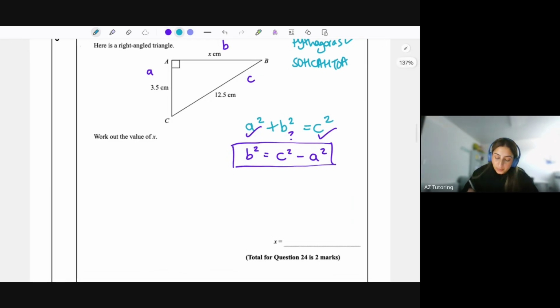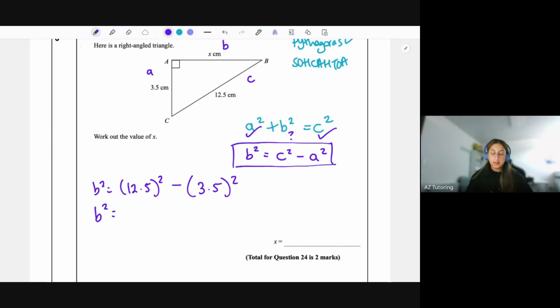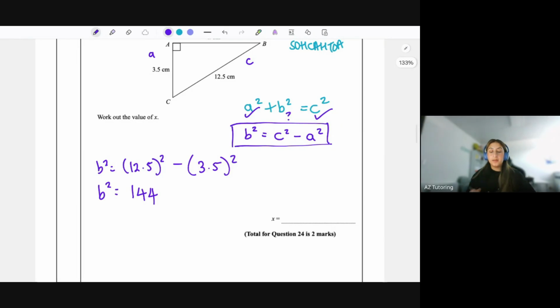So I'm just going to sub my numbers in. B squared equals C squared, which is 12.5 squared, take away 3.5 squared. If I just put that in the calculator, B squared is 144. And just remember, you need to find B, not B squared. So to get rid of the squared, you have to square root the other side.